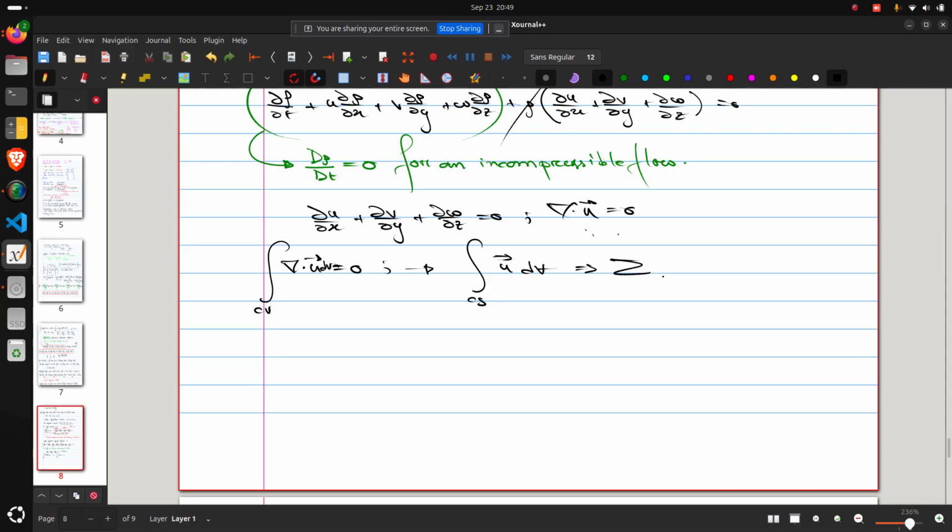You can just do a summation over all the faces, it will be u_f times A_f.